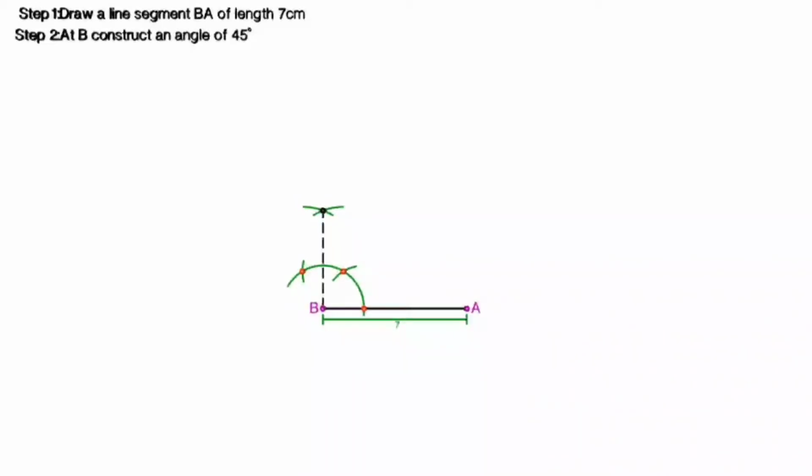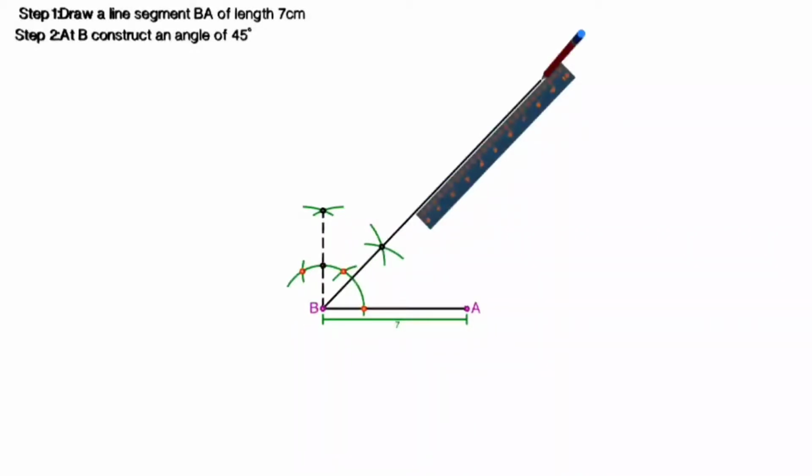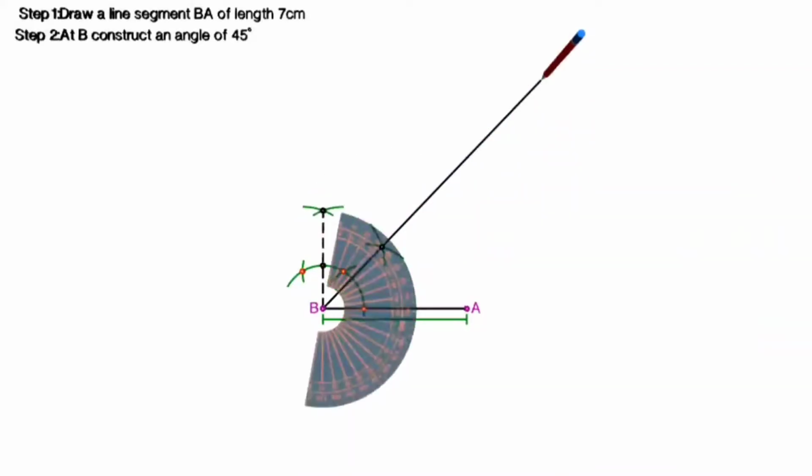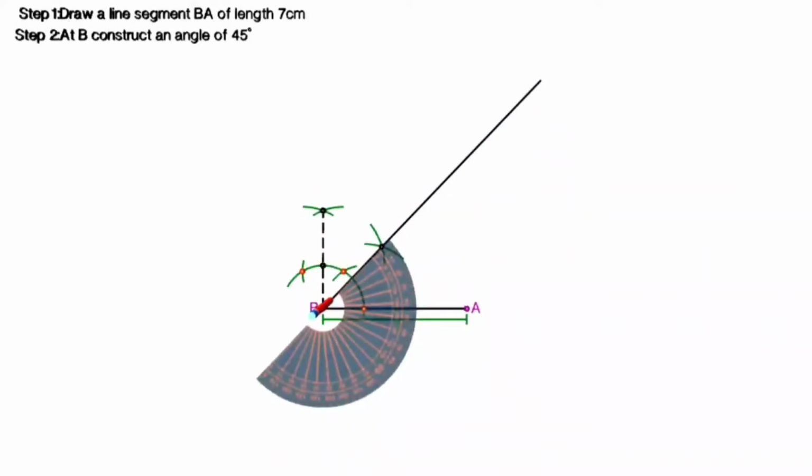Now we'll bisect this angle to get a 45-degree angle. Wherever these two arcs are intersecting, I'll join that point to point B. Then the angle formed will be a 45-degree angle. We can take a protractor and measure it also to check our work. So this angle is coming out to be exactly 45 degrees.